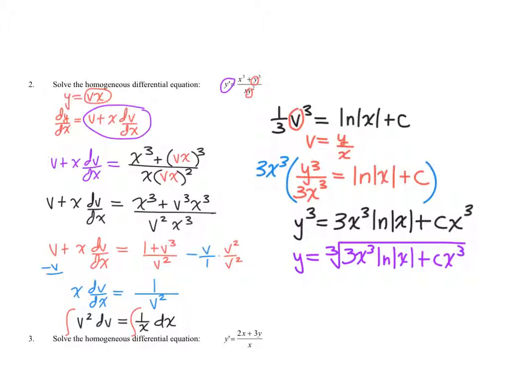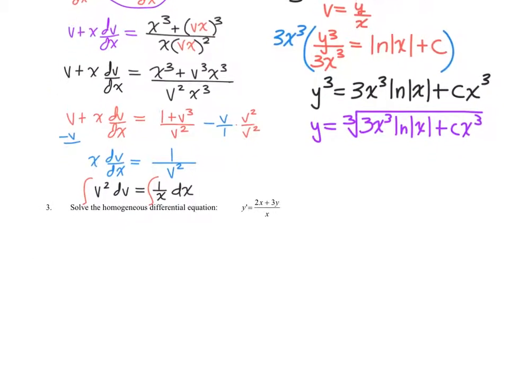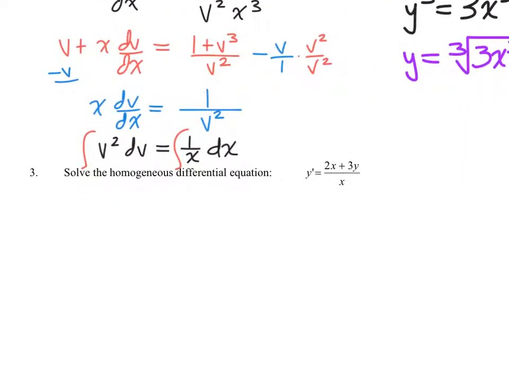All right. So we have some gaps for those of us who weren't here yesterday, so let's see if we can fill those in now. We have a homogeneous differential equation, dy/dx is equal to (2x + 3y)/x.